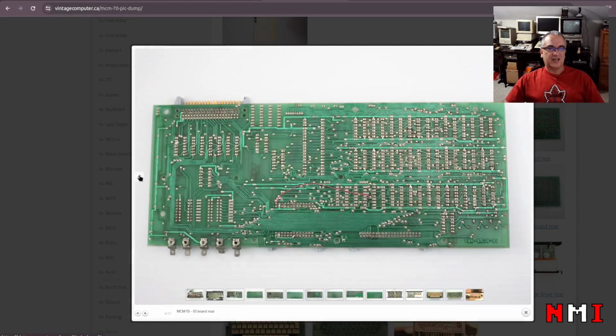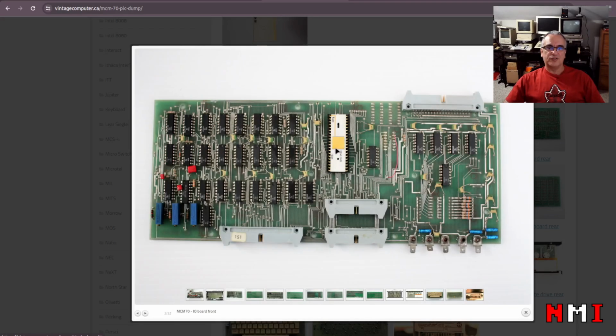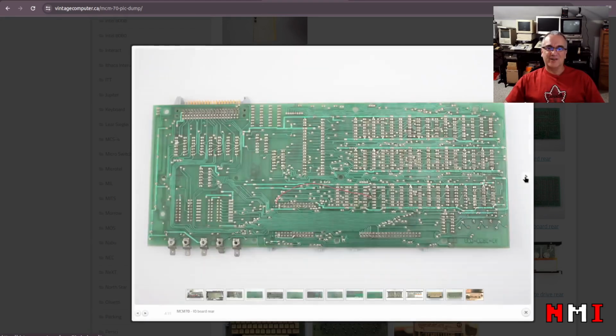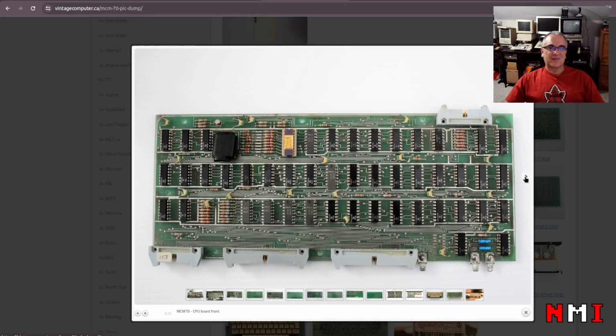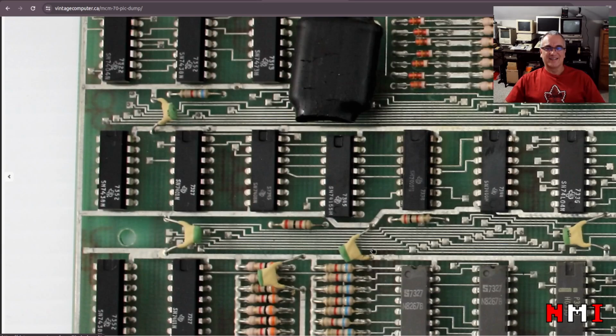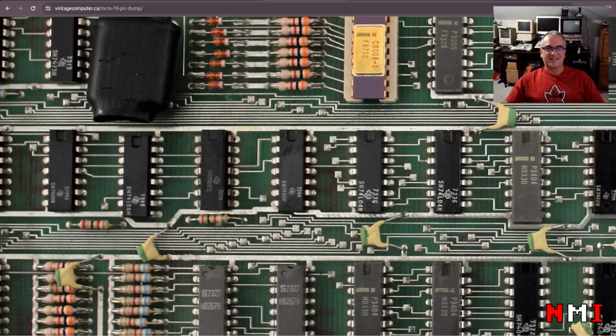At first, one could think, oh, this is the microprocessor, the larger IC, but that's not true. This is the CPU board, and this is the microprocessor here. Let me zoom in. See there?